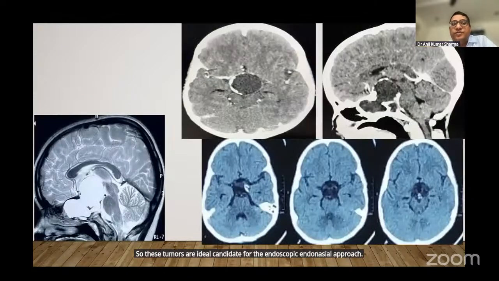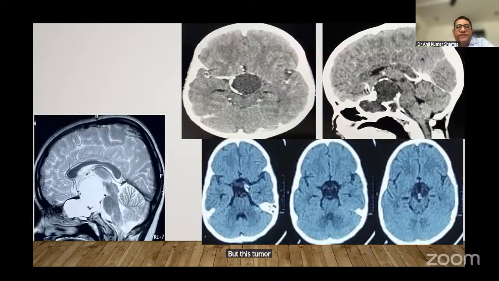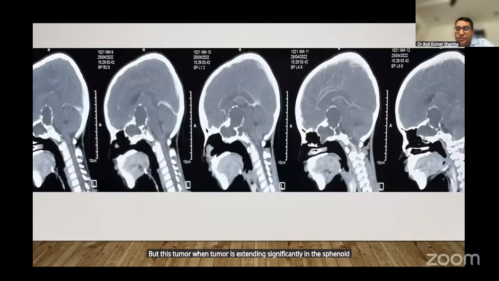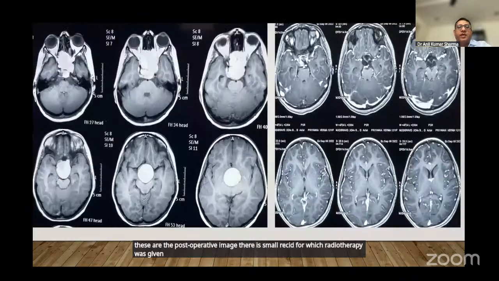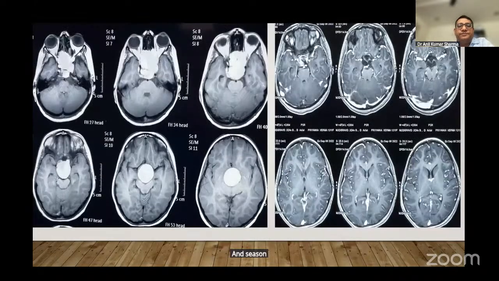We need to know that for all craniopharyngiomas, endoscopy is not the solution. But when the tumor is extending significantly in the sphenoid, we can see the post-operative image. This is the CT image, and these are the post-operative images. There is a small residue for which radiotherapy was given, and she is in follow-up and doing wonderfully.